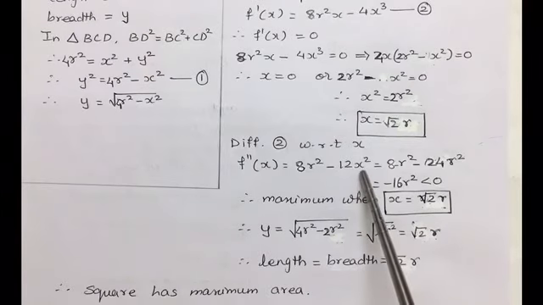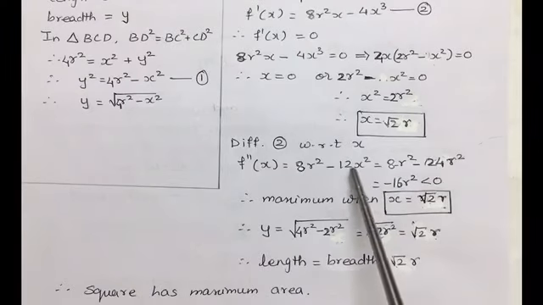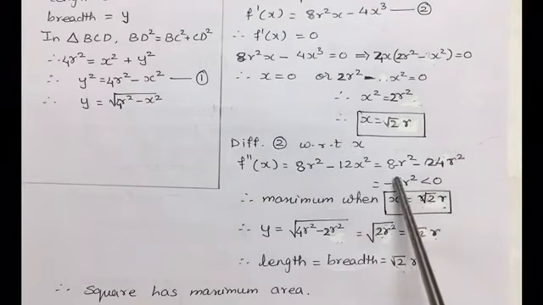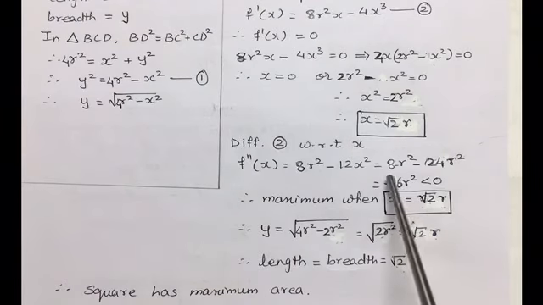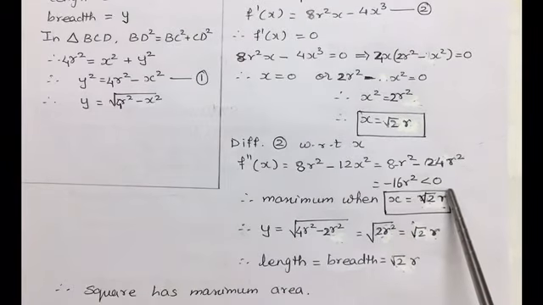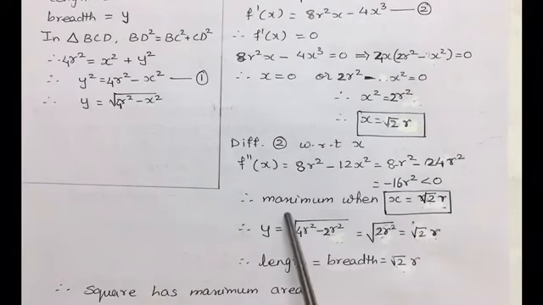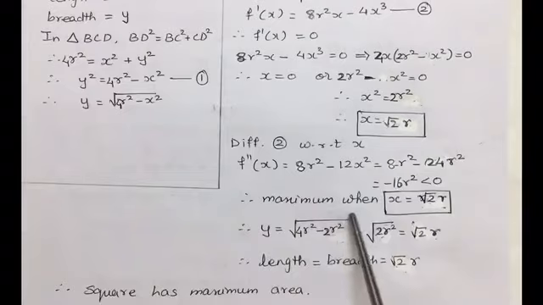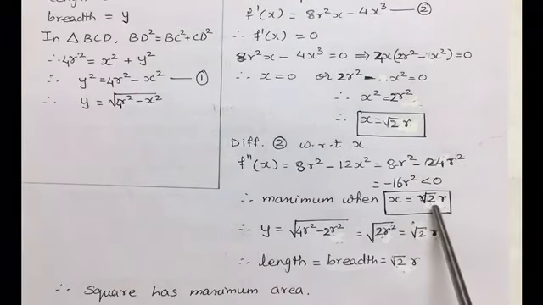Keeping the value of x square as 2r square and multiplying with 12, we get 8r square minus 24r square. 8 minus 24 makes it minus 16r square. As it is negative, it becomes less than 0. And as it is less than 0, we get the area to be maximum when x is equal to root 2 r.